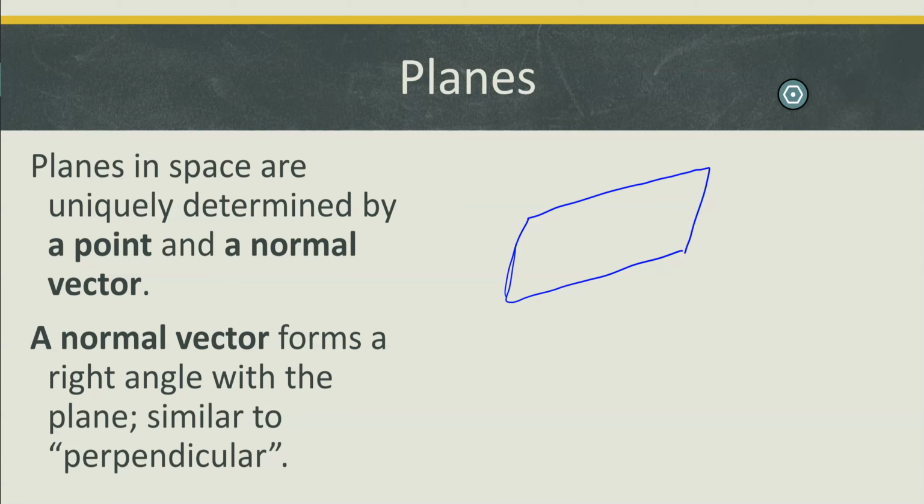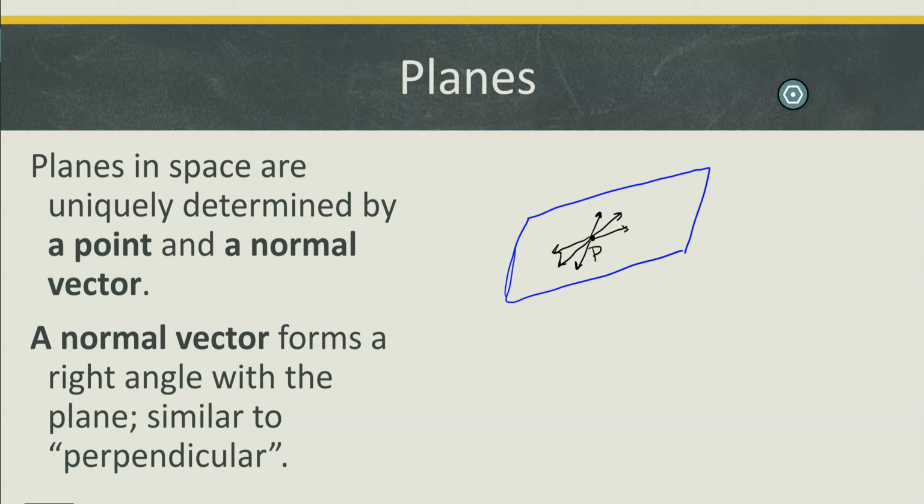And I need to write an equation of the plane. So I will need a point to help me fix that plane somewhere in space. And unlike lines, I can't use a direction vector, because I can imagine having an infinite number of direction vectors that could lie within that plane.